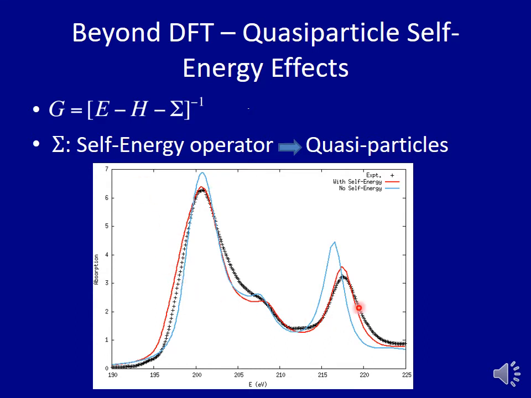And just to show you what it does, down here, this is boron nitride. If you have no self-energy, then you get much sharper features in the spectrum. There's very little broadening, and there are also shifts compared to the experimental curve. When you add the self-energy, then you get more broadening, and the broadening is energy dependent as well.